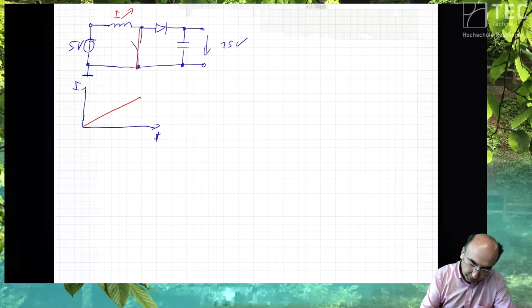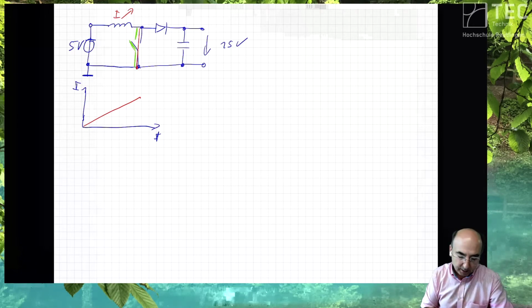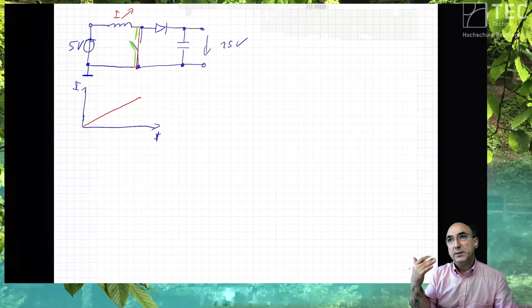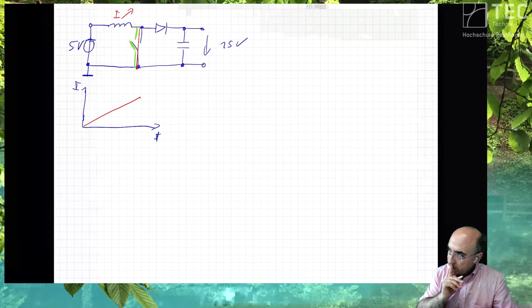Now you switch off again. Now your switch is open. Then the inductor's energy is stetig. Stetig is which word in English?